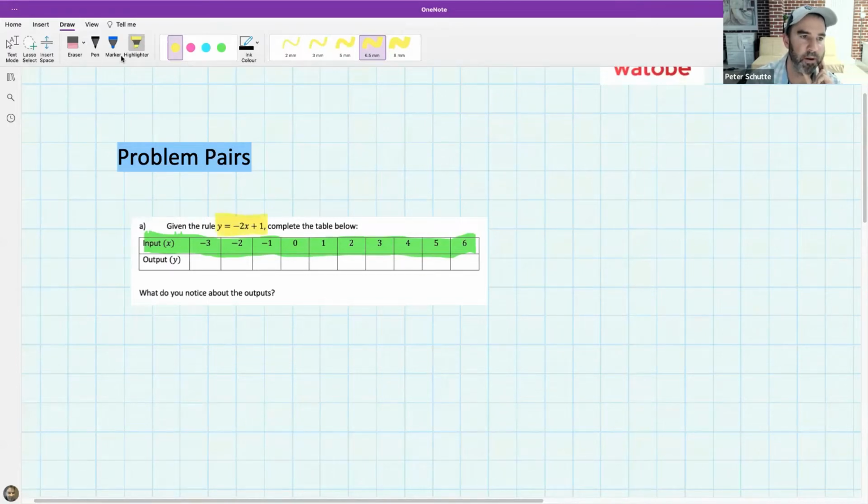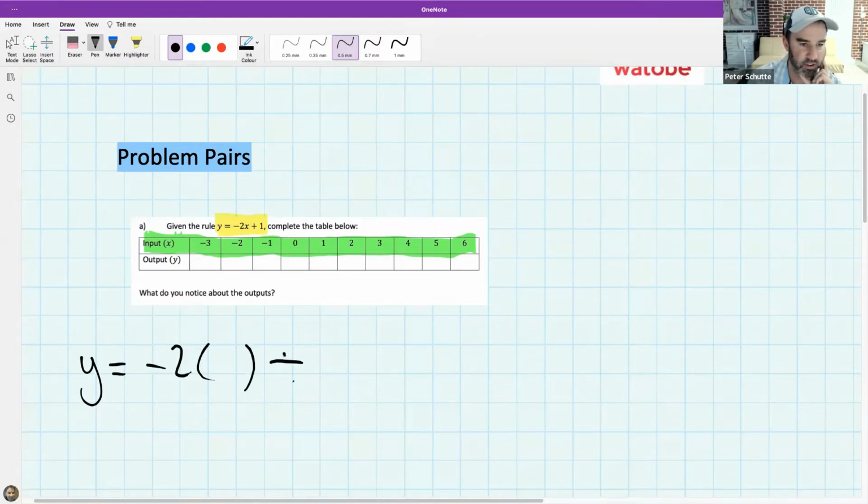And you had to work out what was the output, using this rule. And so I want to start by just reminding you, how do we use this rule? Well, if the rule is y equals minus 2x plus 1, what we do is we write the rule with a space for where the x is. And the input, which is the x value, is going to go into the rule. In this case, because I'm starting with minus 3, that's the value going into the rule.